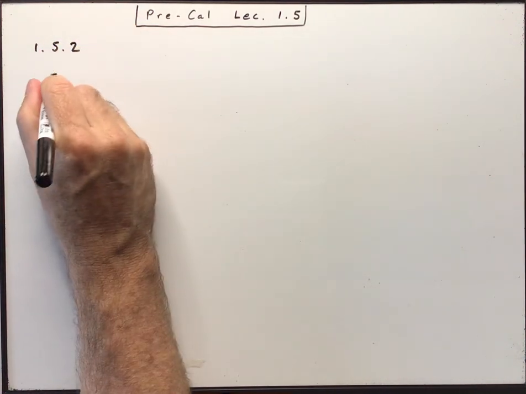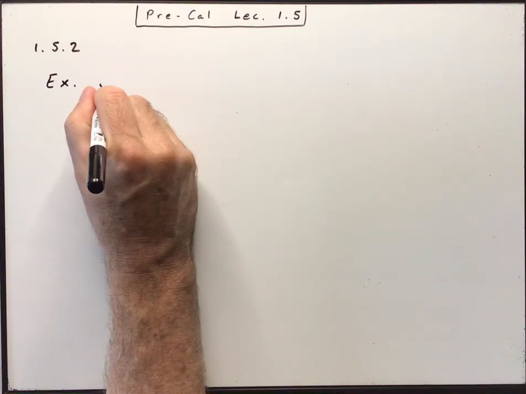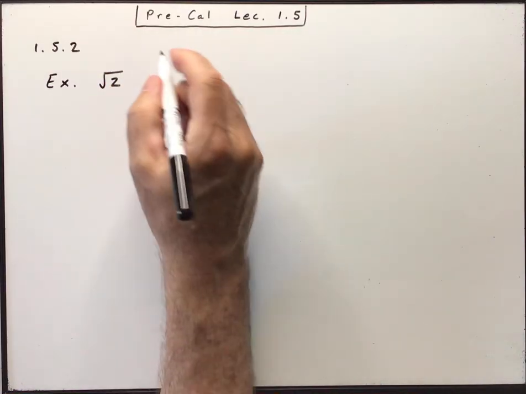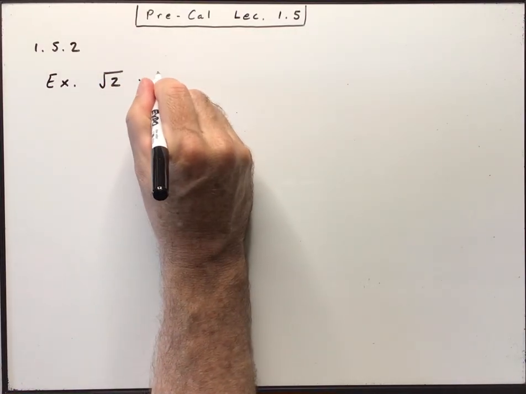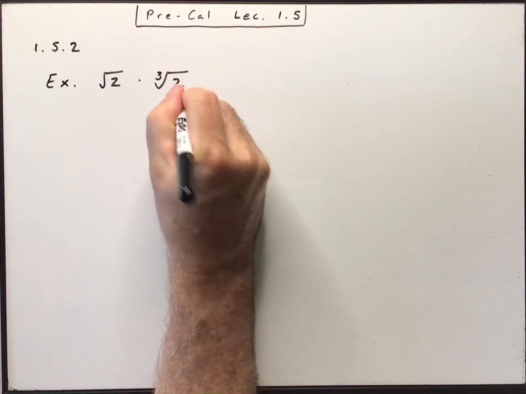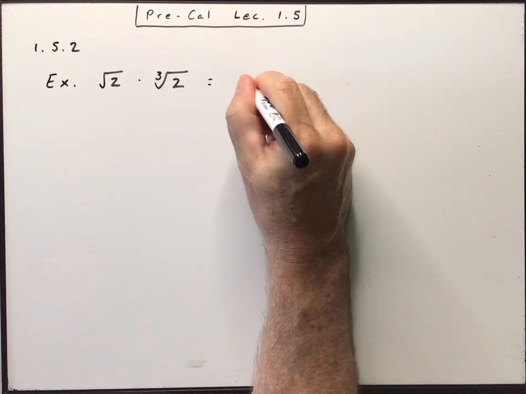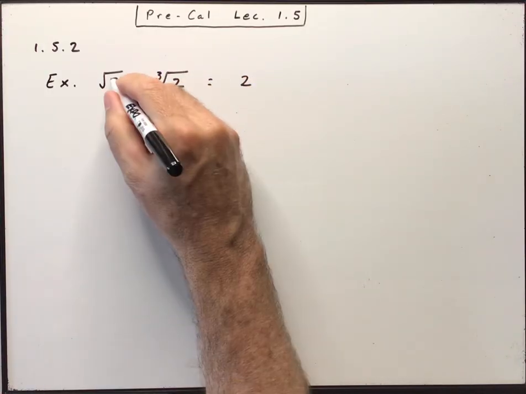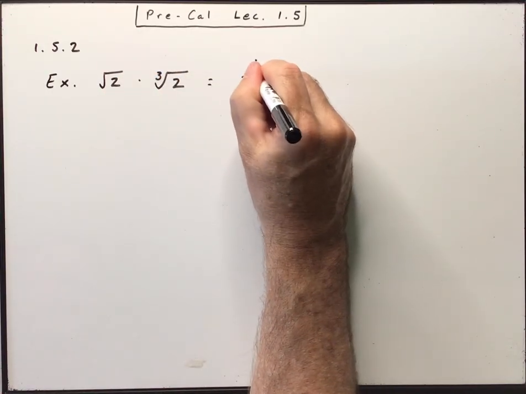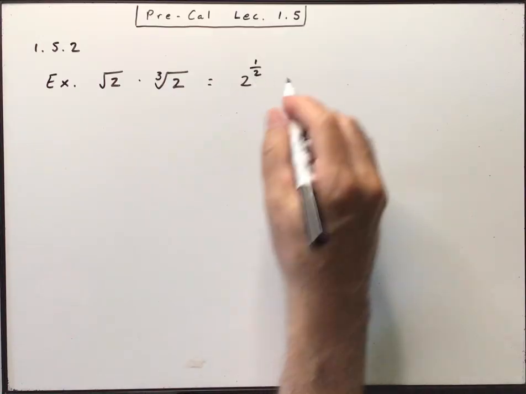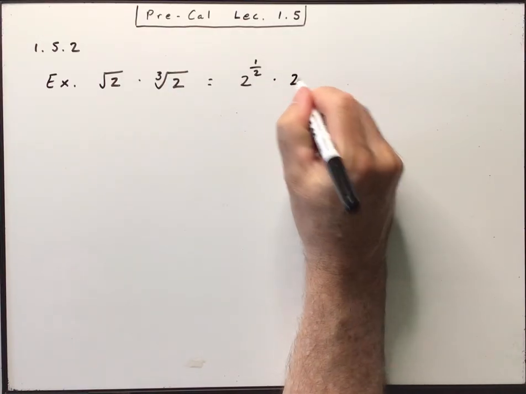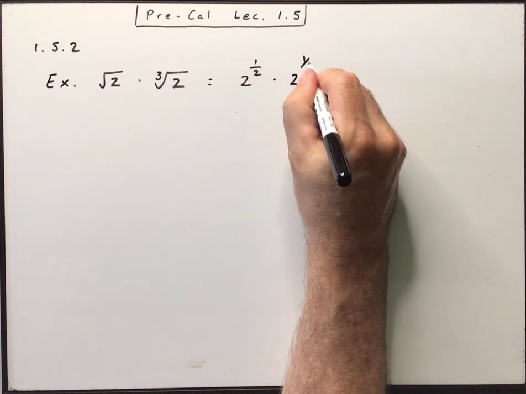Let's see, our next example, let's say we have the square root of 2 times the cube root of 2. Okay, the way I want to rewrite those is as fractional exponents. So the first one is 2 to the 1/2 power, square root's always to a 1/2 power, times 2 to the 1/3 power.